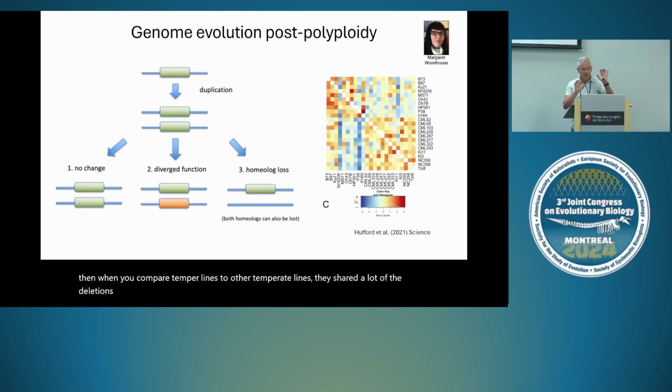But tropical and temperate lines had separate sets of these deletions that were ongoing after this polyploidization event. So that suggests that there's actually population-specific patterns of fractionation and that this process of fractionation could be ongoing even to the present day, even though that polyploidization event happened around 12 million years ago.